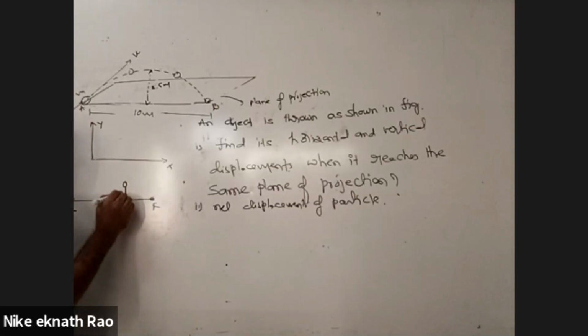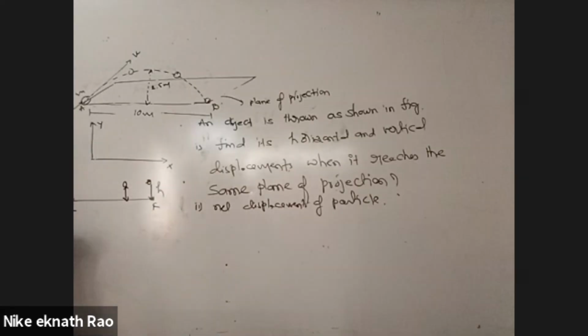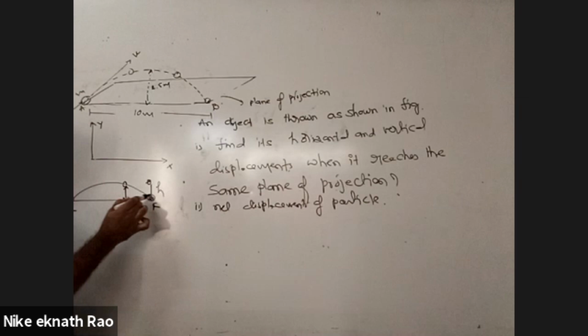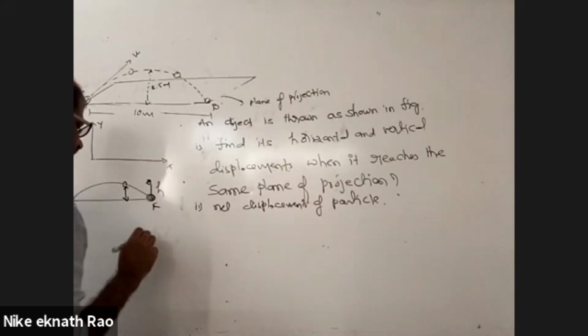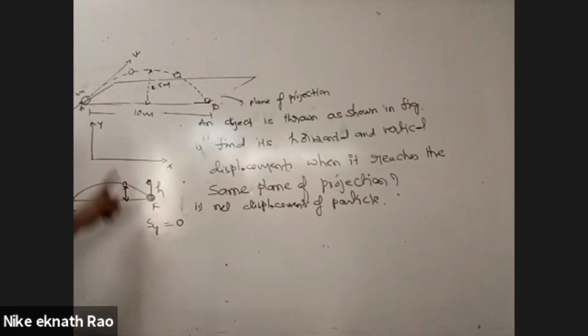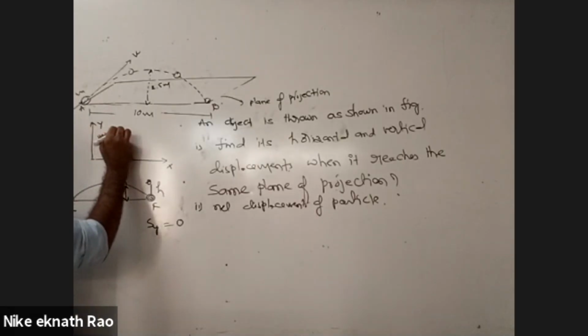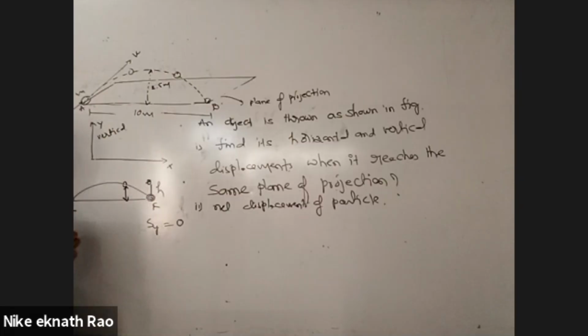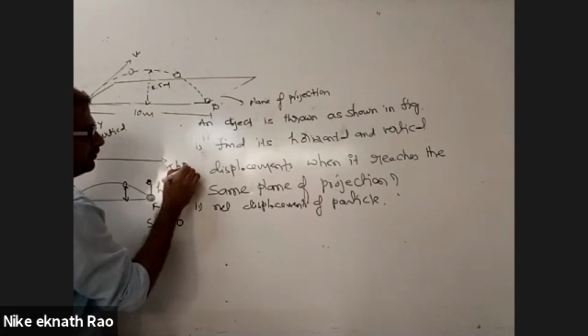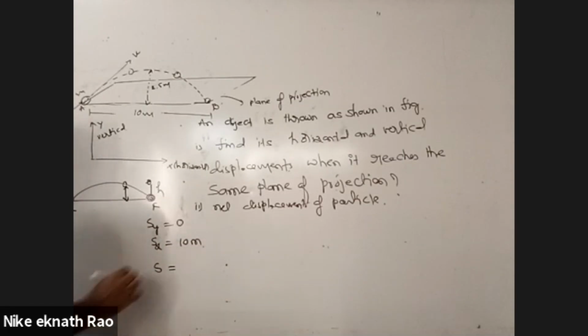There is no height with respect to the ground. In the y direction, net displacement is 0. The y direction means vertical displacement. The x direction displacement is 10 meters. So net displacement, how much here?